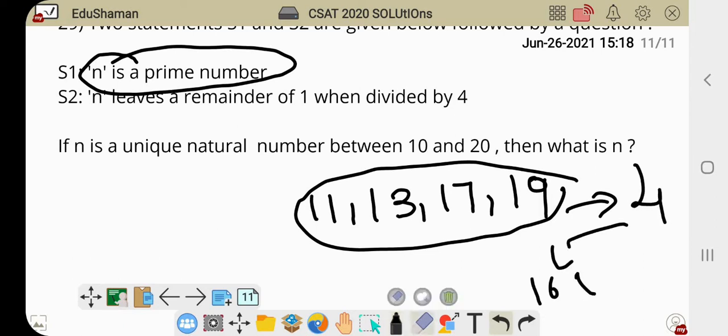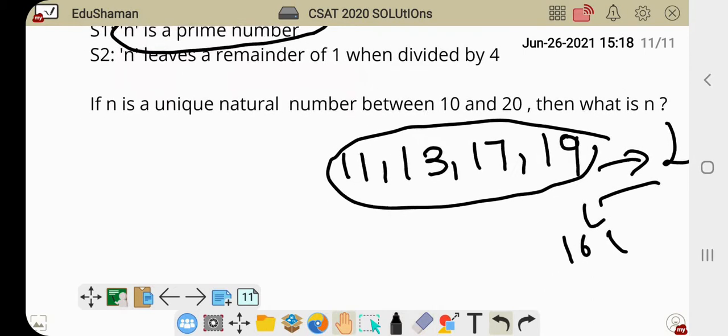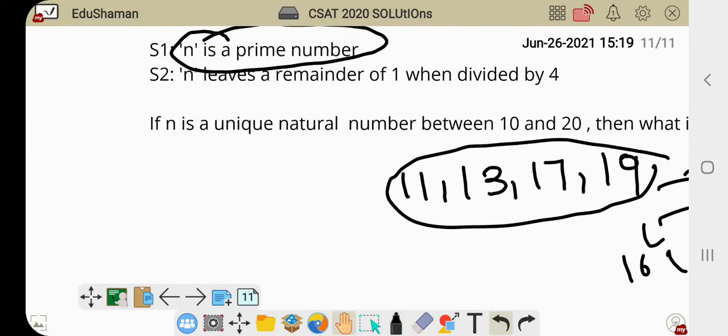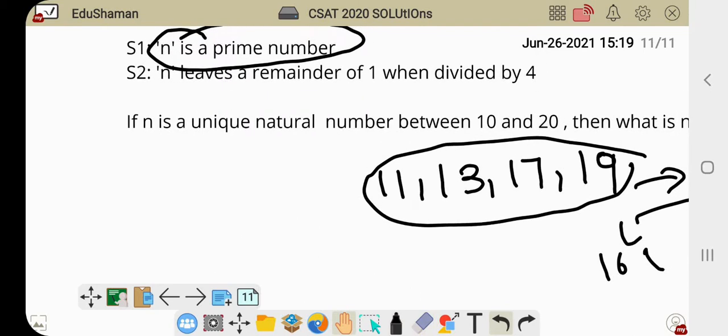Okay, so let's go to the next one, S2. Whether S2 alone is sufficient to answer this question. n leaves a remainder of 1 when divided by 4. This is a very general thing to say, because which are the numbers which leave a remainder of 1 when divided by 4? These are multiples of 4 plus 1, like 4 plus 1 is 5, right?